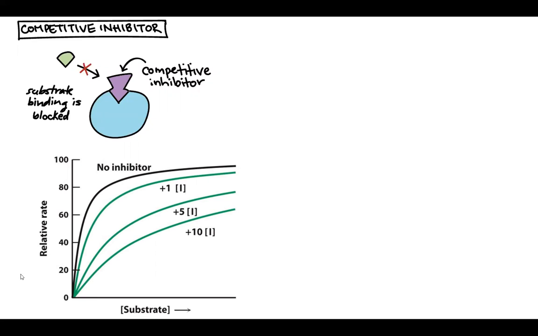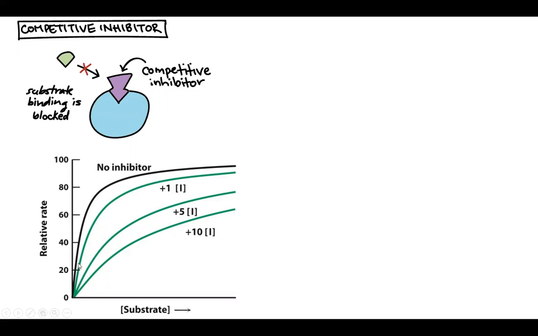So here we have our no inhibitor Michaelis-Menten plot. We've varied the substrate concentration, and you can see the relative velocity here. What we're looking at with these green lines will be increasing levels of inhibitor.